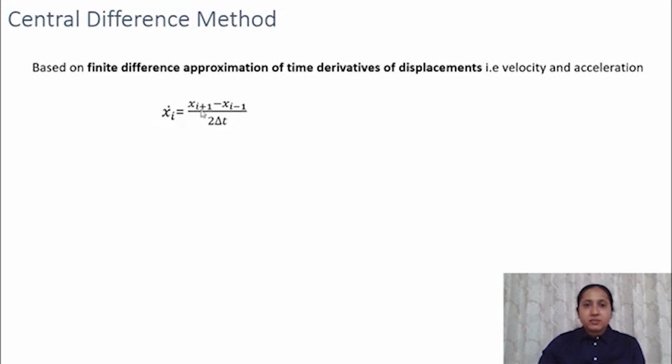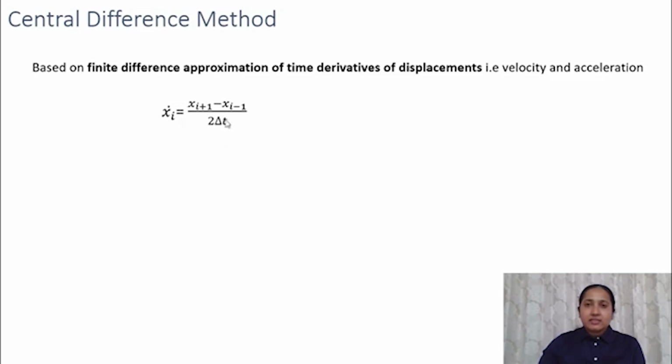Here x(i+1) is the displacement at the (i+1)th instant, and we are calculating the velocity at the ith instant. So we are taking the difference in the displacements at the next and the previous instants, and we divide that by 2 times the time step. This gives us an average velocity between i-1 and i+1.